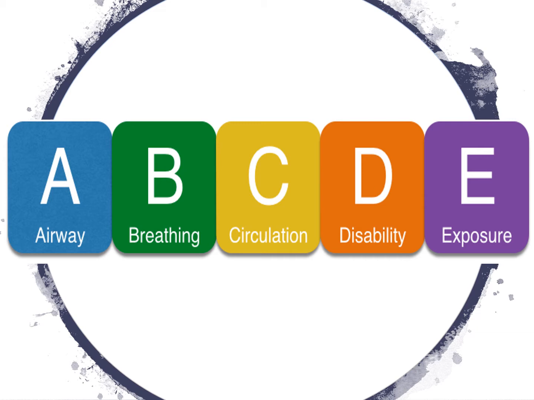Okay, so whenever you get a question, or if you later in life have someone who's critically ill, it's always A, B, C, D, E. Okay, because without A, you won't make it to B, and without B, you won't make it to C, and so on. So let's just start with someone who's unstable.